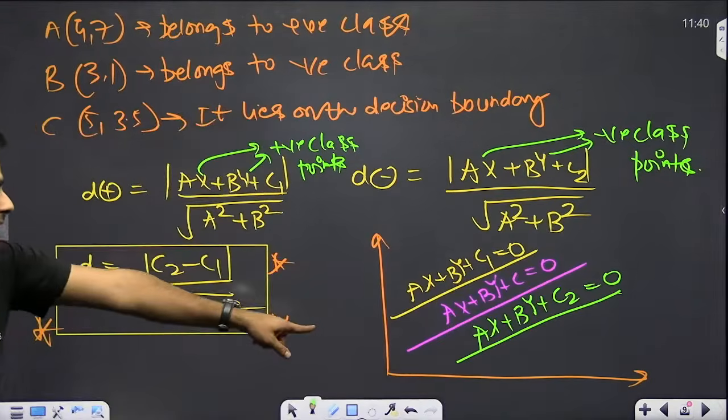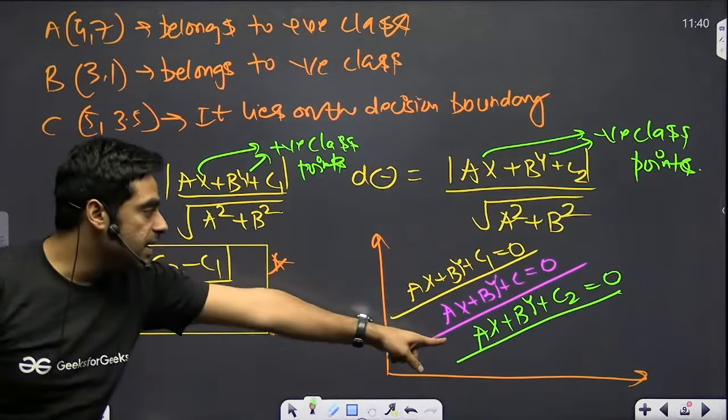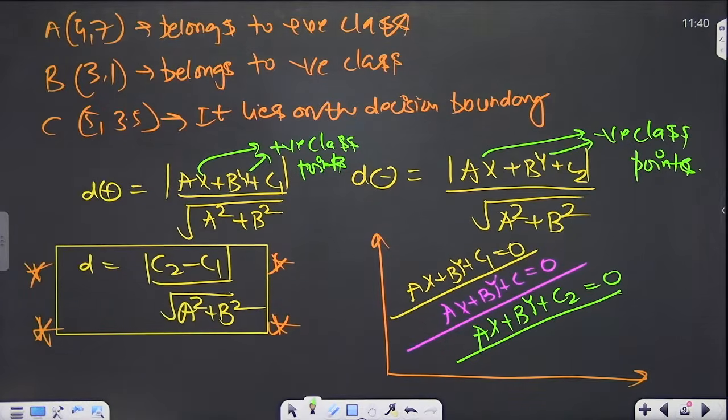So this is the main hyperplane, the positive hyperplane, and the negative hyperplane.